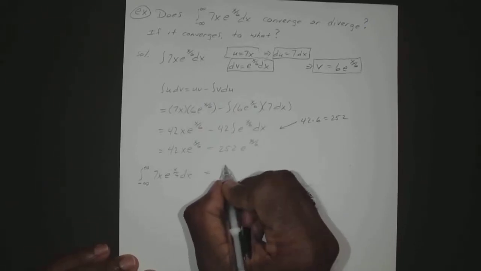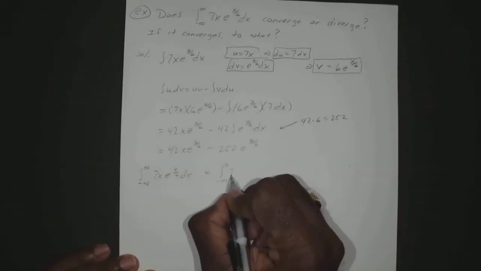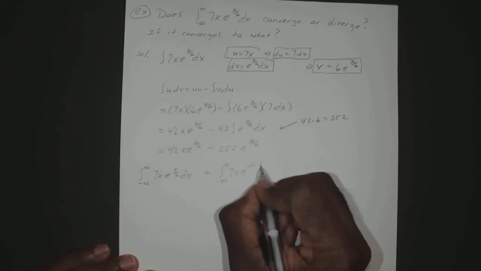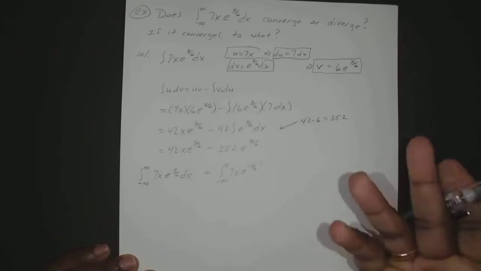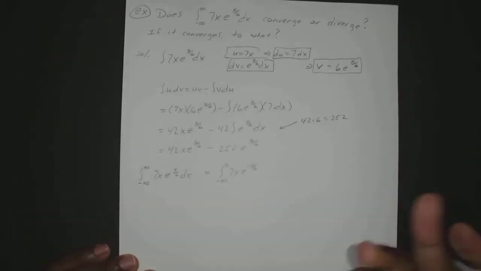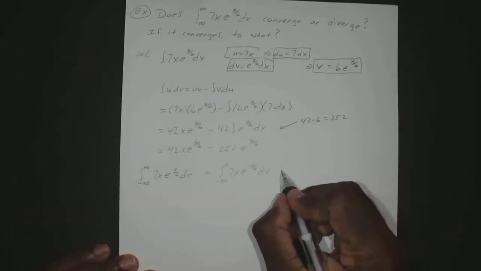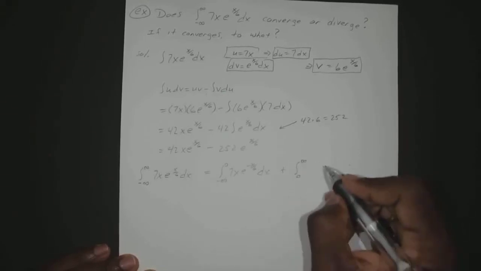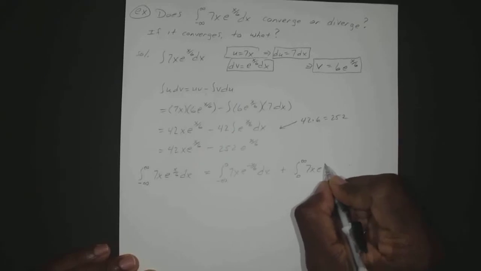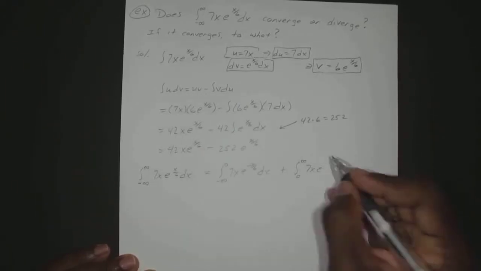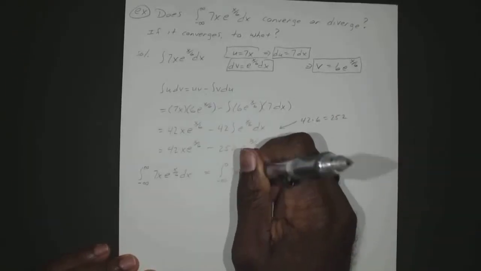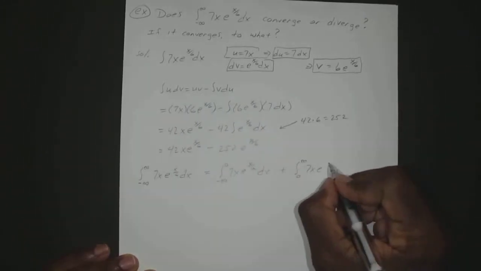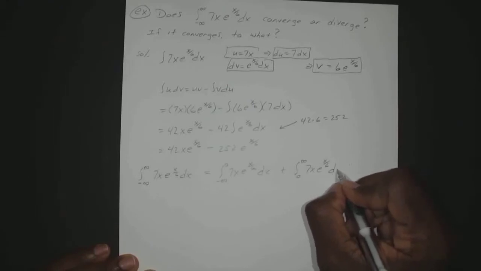Say from negative infinity to 0 of 7x e to the x over 6 dx plus the integral from 0 to infinity of 7x e to the x over 6 dx. It's just x over 6, not negative x. I don't know why I put that negative there.